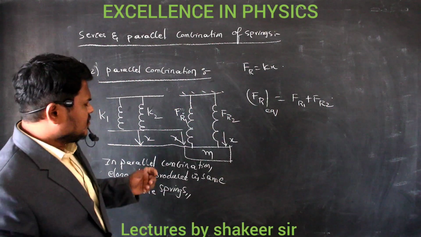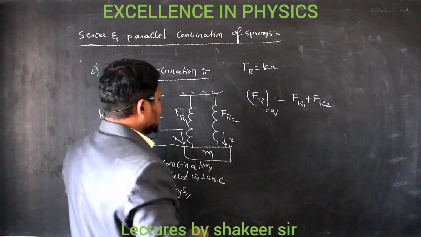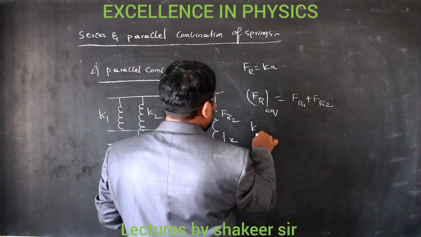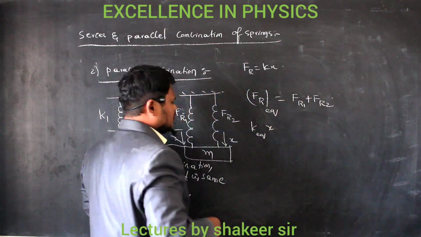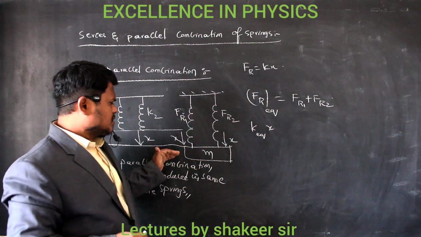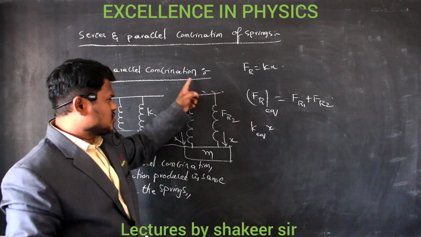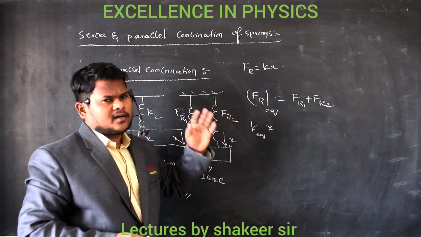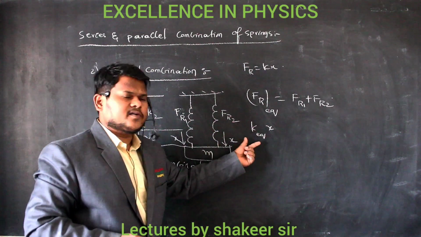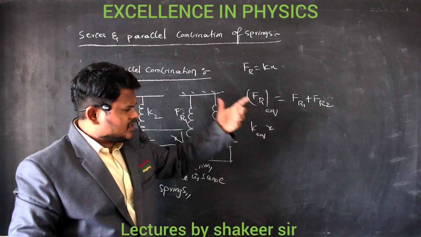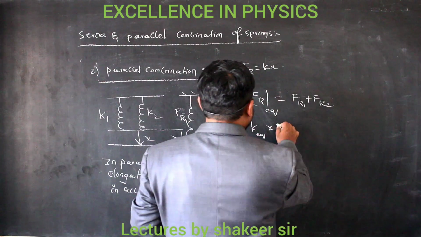Clear? Now equivalent restoring force, how can I write it? I can write it as K equivalent into X, because in the total combination the elongation produced is X. And what is K equivalent? For this total combination I am calculating the K value, which is called K equivalent. So K equivalent into X is equal to Fr1 plus Fr2.